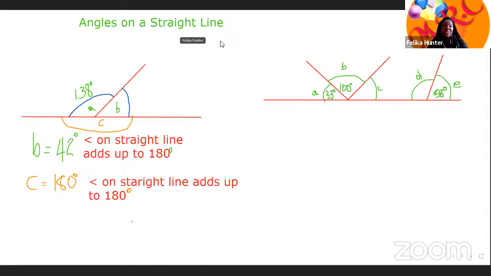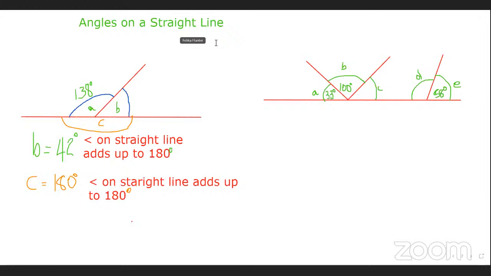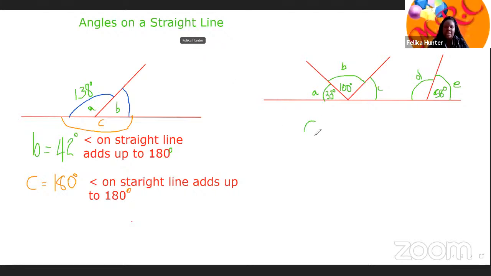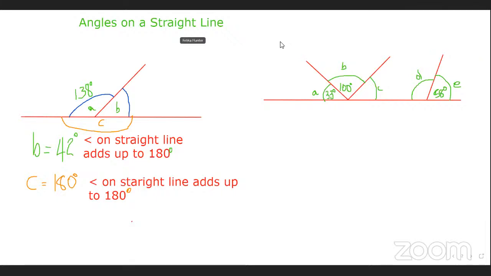You can tell me when you're ready. Angle C is 47 degrees. Hold on, Marlon, let me erase this. Let's use another color to write in our answers, how about blue?